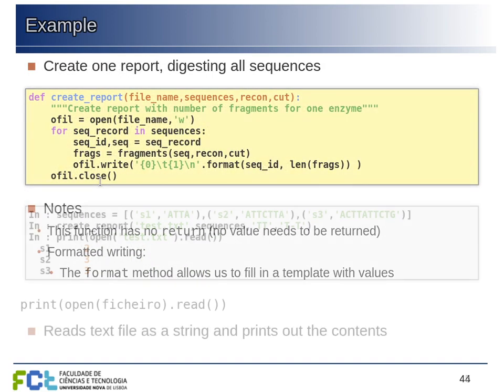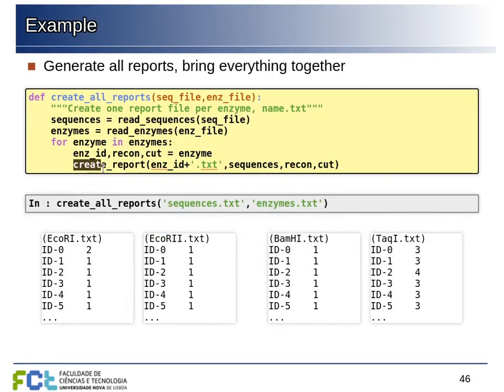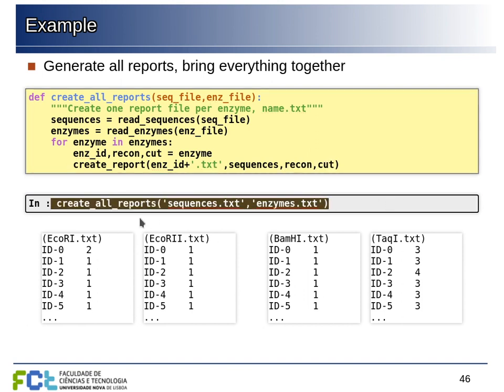And then it will call the create report function, giving as a file name the identifier of the enzyme concatenated with .txt, so we have files with the txt extension, all the sequences that we read, and the information for this particular enzyme. So after this loop ends, we have all the different files generated in our folder. So this would be an example for testing our function with this sequences txt file and this enzymes txt file.